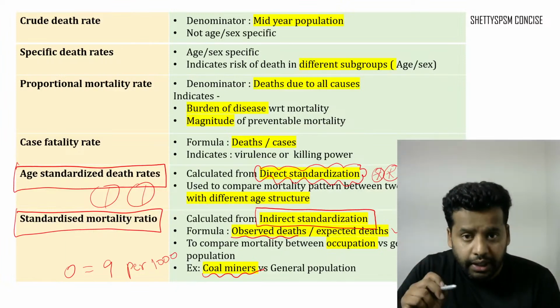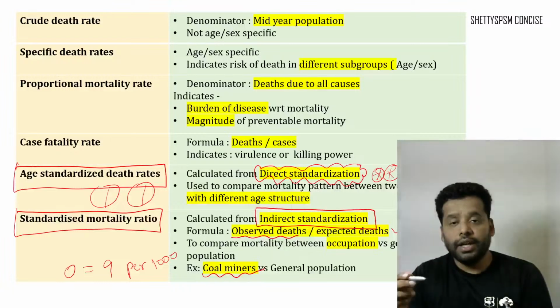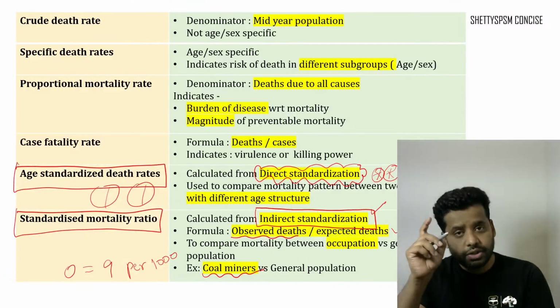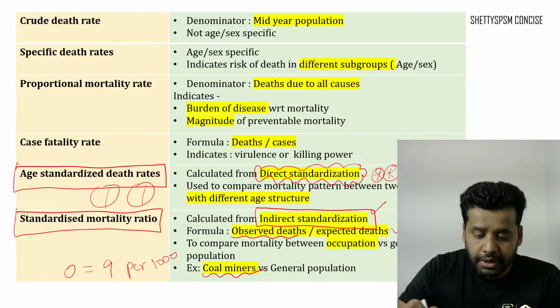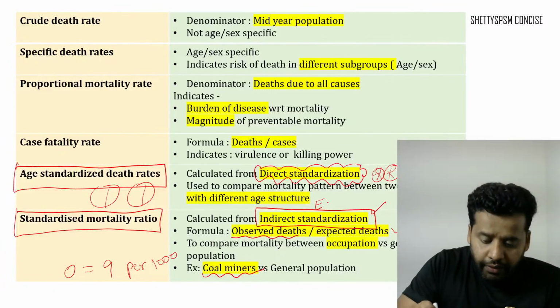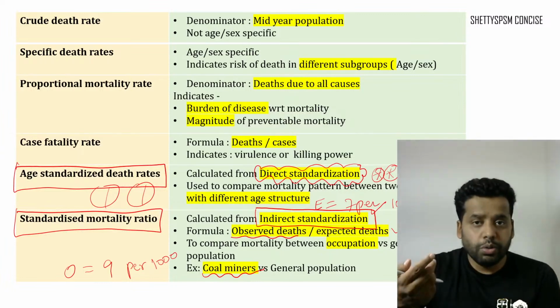Take age specific death rates of standard population and apply them on the study population to give expected deaths. After indirect standardization, if expected deaths is 7 per 1000, for example, take the ratio O by E.